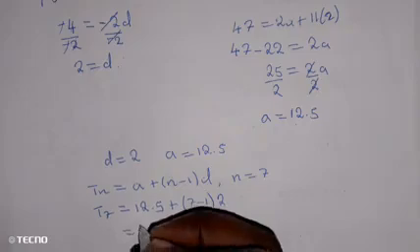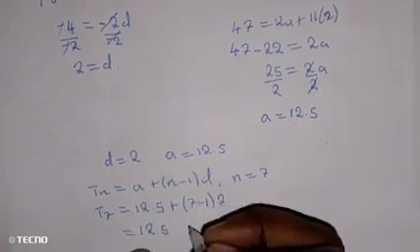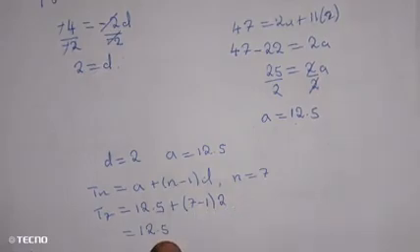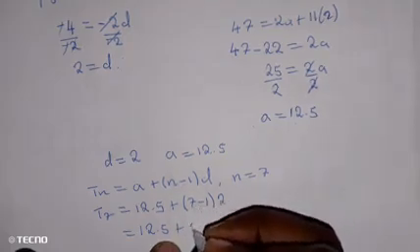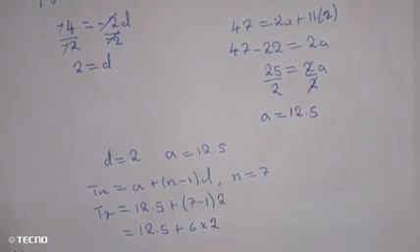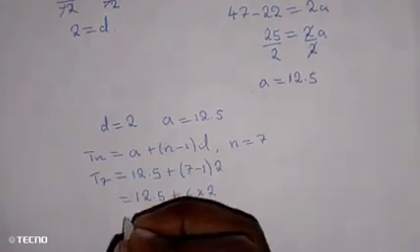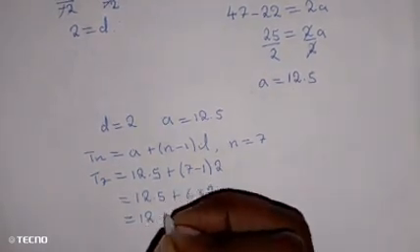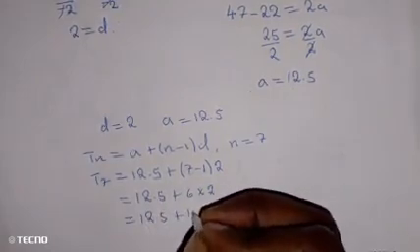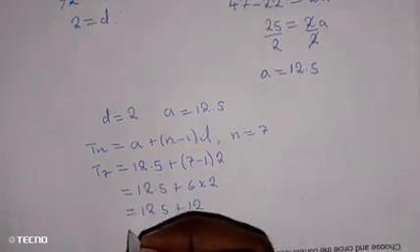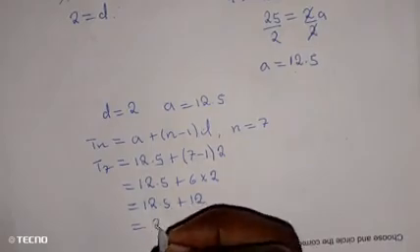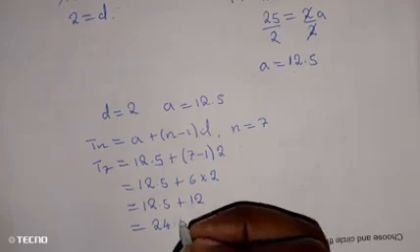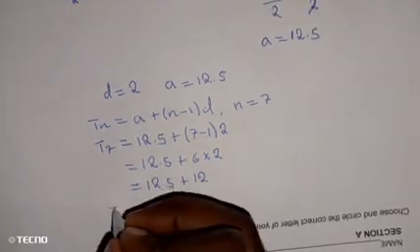Then from there we have 12.5, and 7 minus 1 here is 6. 6 times 2 gives us 12. So I've got 12.5 plus 12, and we are going to have 24.5 as the seventh term.